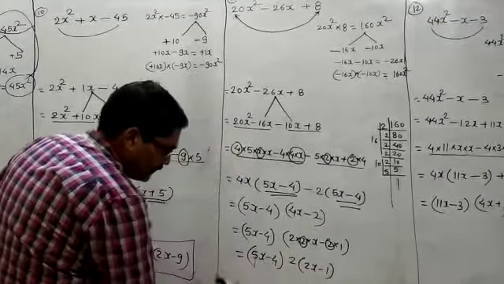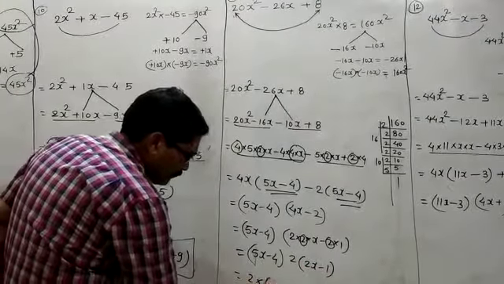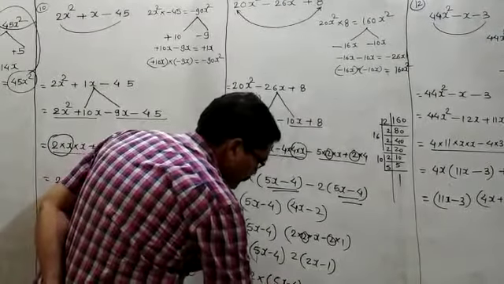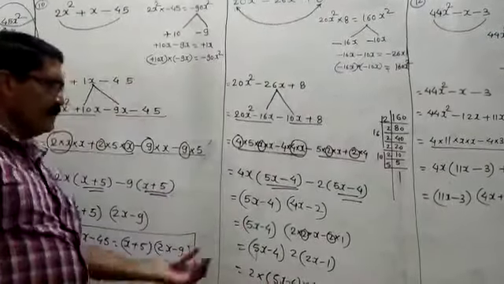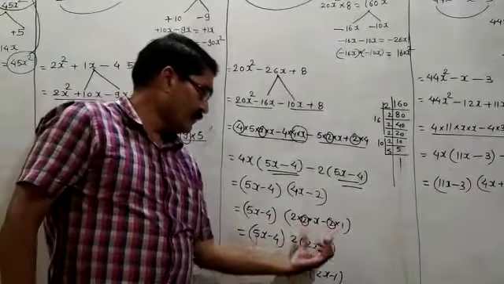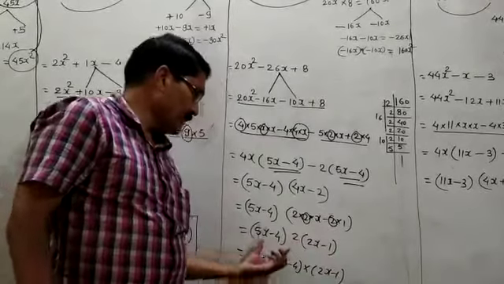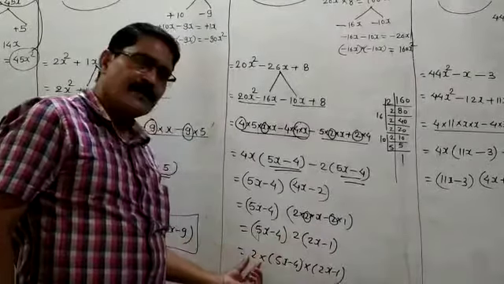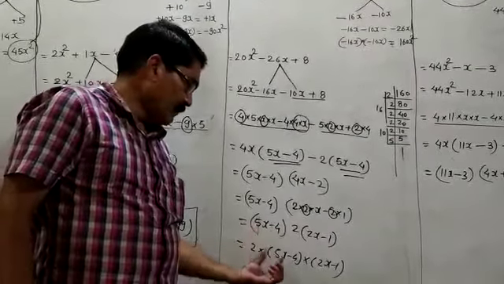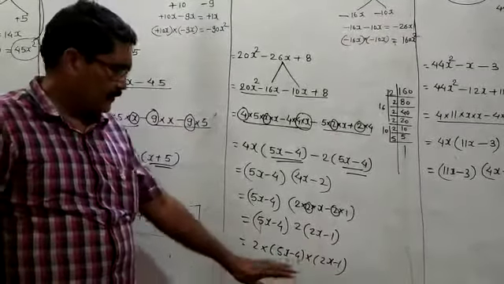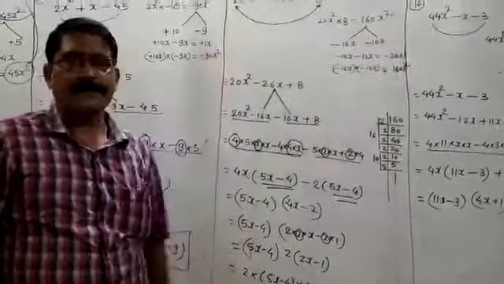So I will write this as 2 into 5x minus 4 into 2x minus 1. If you take out 2 common, then 2x minus 1 remains. The factors are first the numeric term 2 multiplied by 5x minus 4, and after that 2x minus 1. These are the factors of this algebraic trinomial.